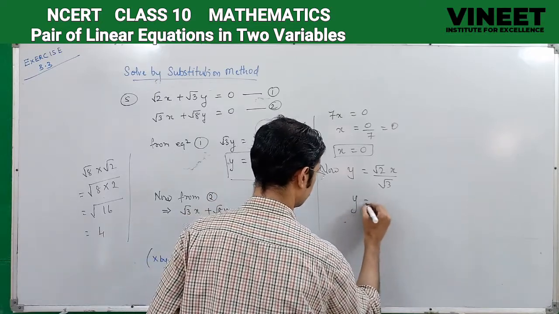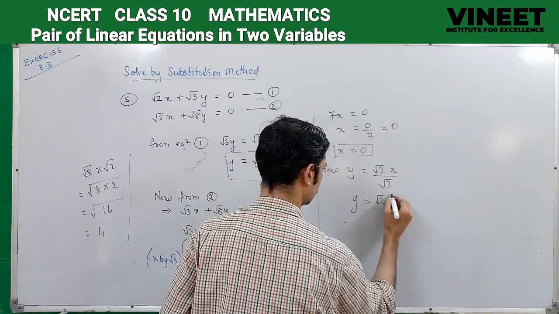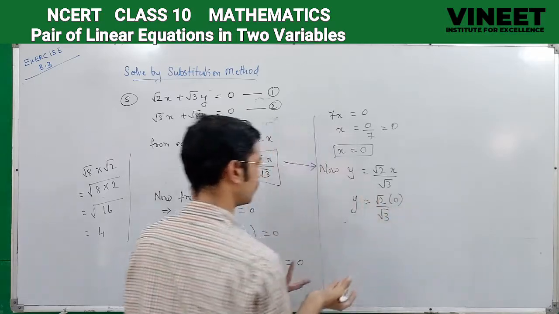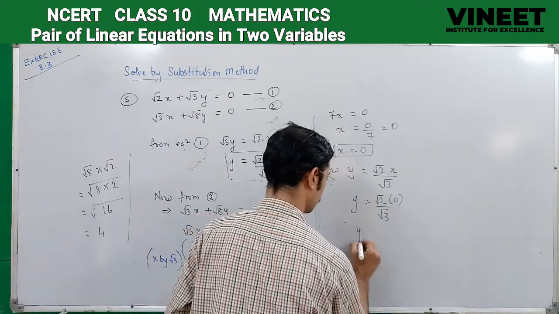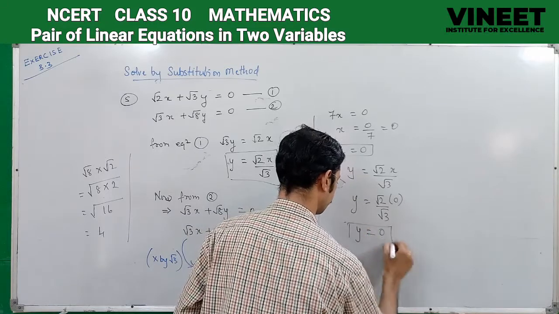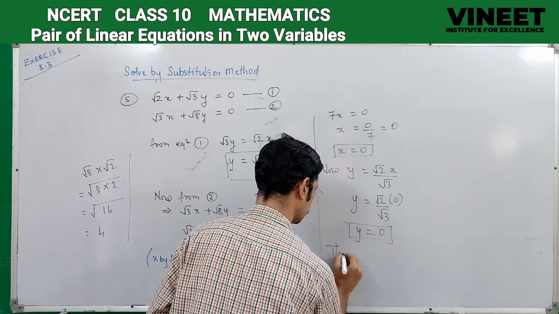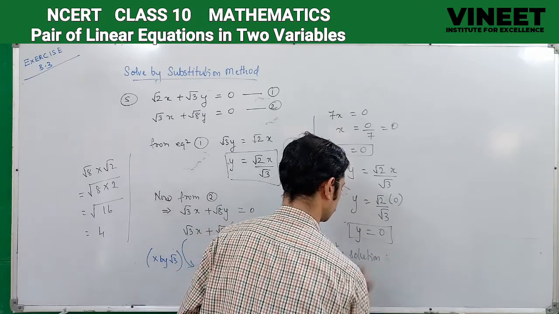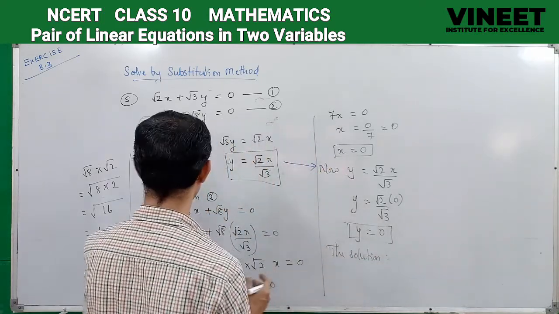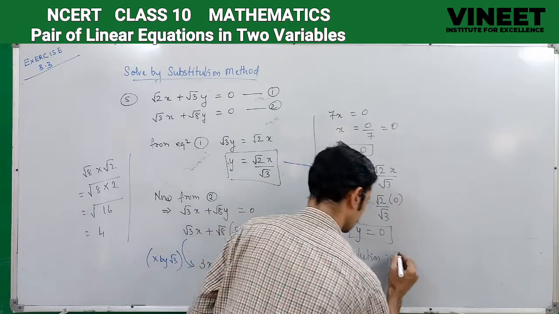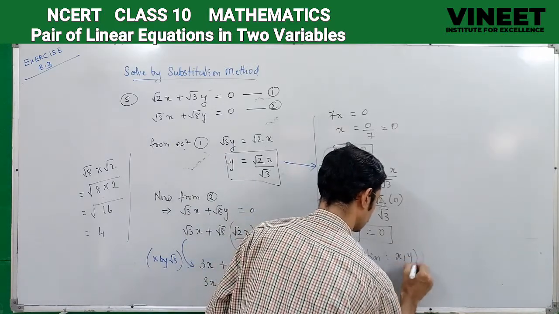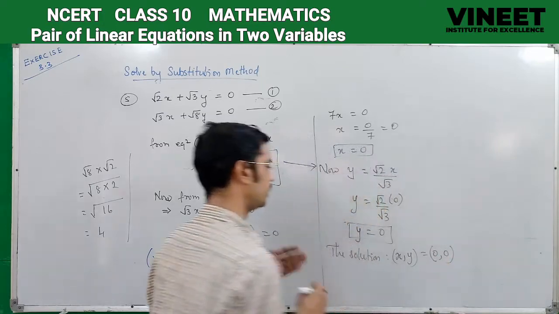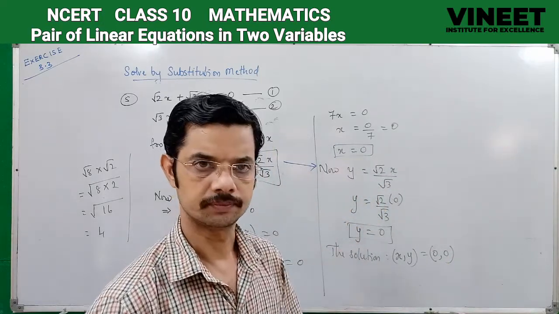So y is equal to square root 2 into 0 by square root of 3. 0 into anything becomes 0. So y also becomes 0. So finally the solution of the given set of equations is x comma y is equal to 0 comma 0. Okay, they intersect each other at the origin.